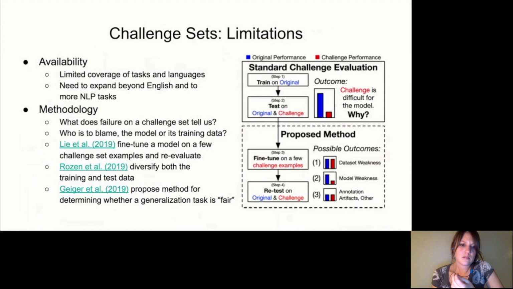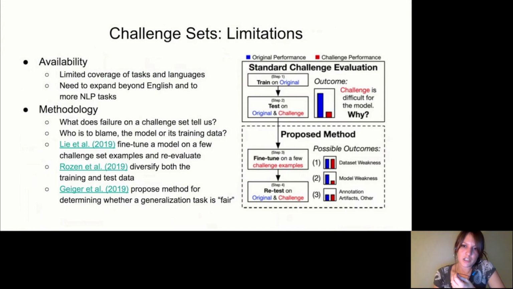There's also some good work from Geiger et al. last year at NLP that was looking at what types of generalizations should be considered fair. So if a model's seen a 1,000 to 1 ratio of cases where the first noun of the sentence should determine the tense of the verb or the number of the verb versus the most recent, or these kinds of heuristics models might exploit.